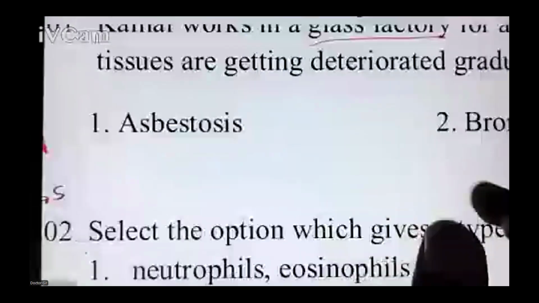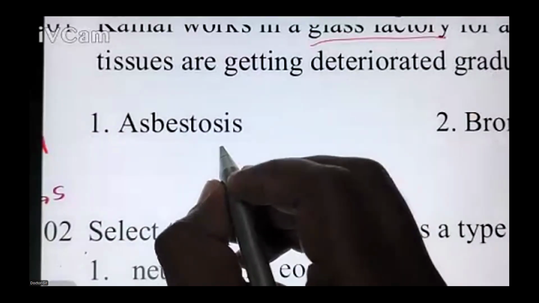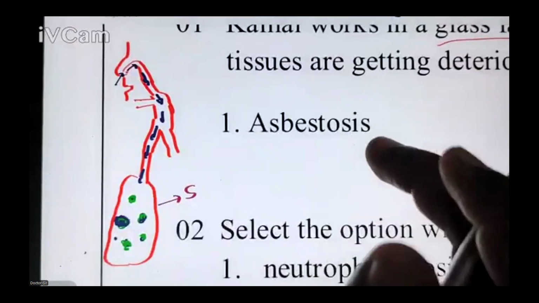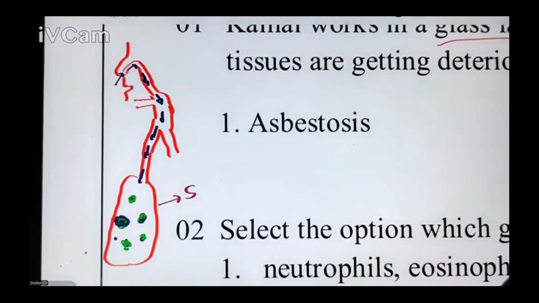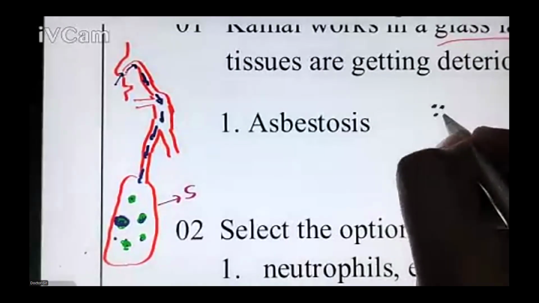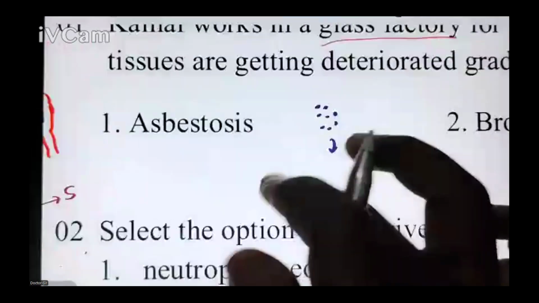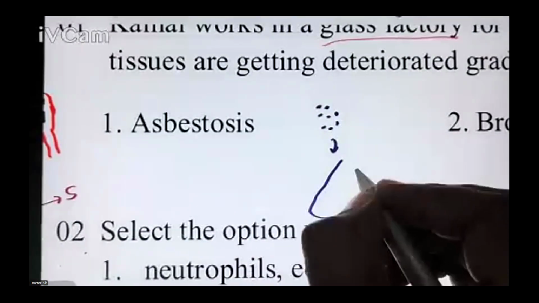Asbestosis has the same mechanism. You know that our roofing sheets are made of asbestos. The small asbestos particles enter our respiratory system and go to the lungs.